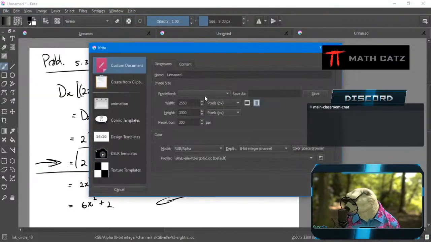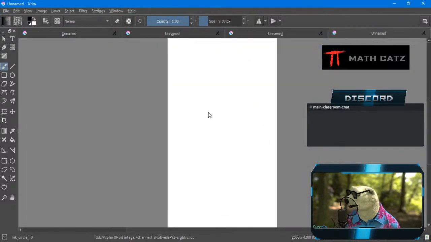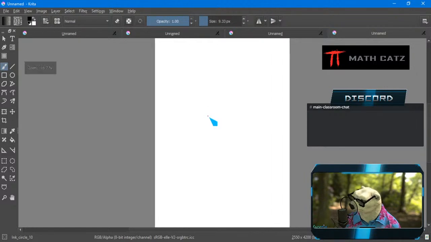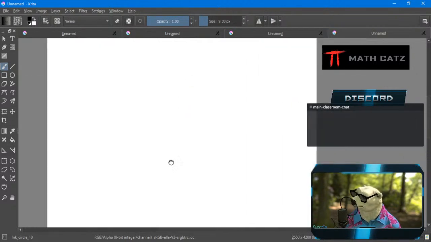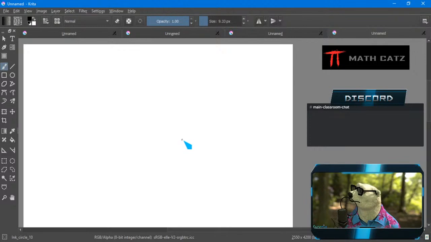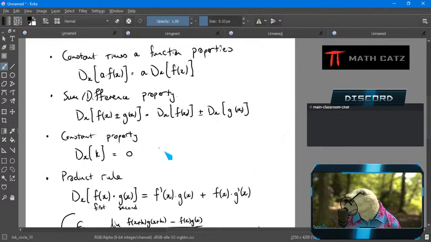Okay, so let's see where we're at. Okay, so we have done the product rule. We've talked about the product rule. It says what it says, no more, no less. In some books, you might see these guys swapped around.